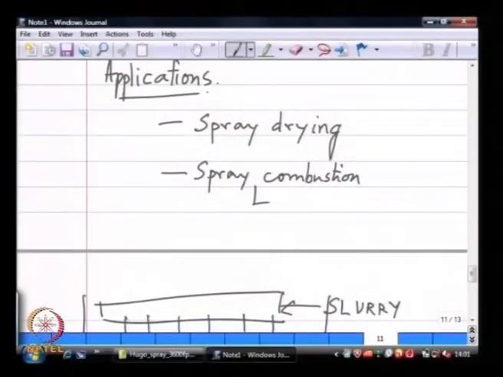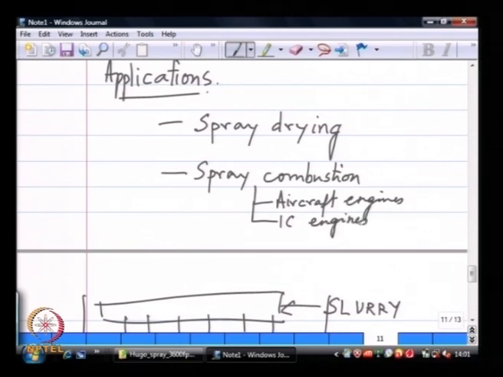Again, spray combustion is an area where sprays are applied, but the actual applications range from aircraft engines, IC engines, as well as land based power generation.